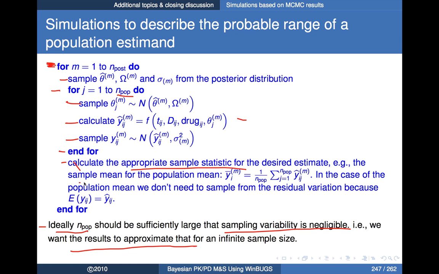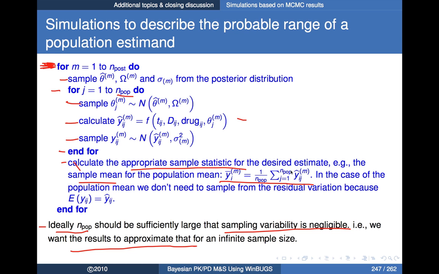Well, I simply take a sample mean of these Y_ij's that I generated, and that's illustrated here, just doing a sample mean over all of those Y_ij's in order to get what I termed here Y_m. So I'm going to get this sample mean for the mth pass in our loop here.